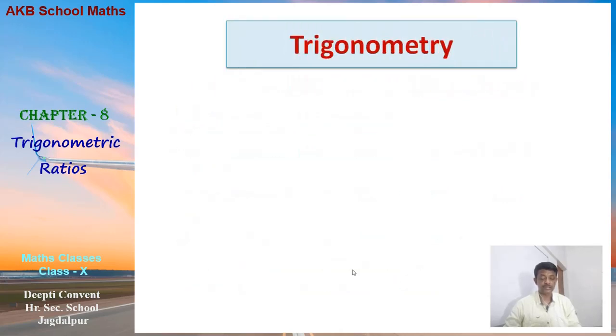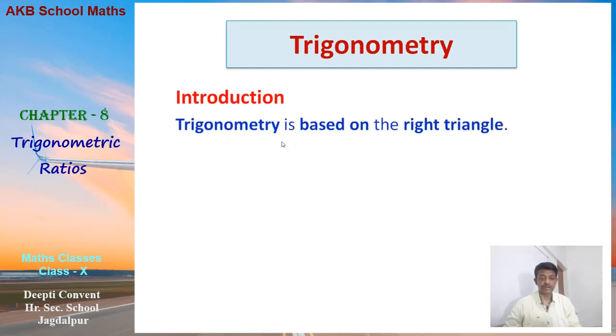Today we will learn about trigonometric ratios. So, basic trigonometry. What is trigonometry? Trigonometry is based on the right triangle. Right triangle means right angle triangle. Clear?